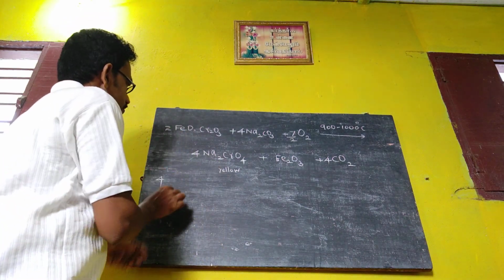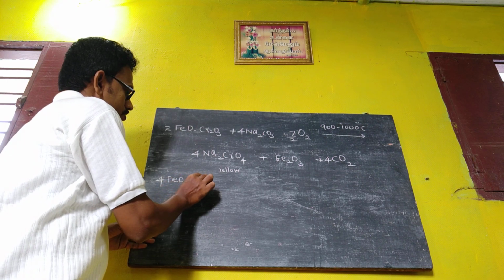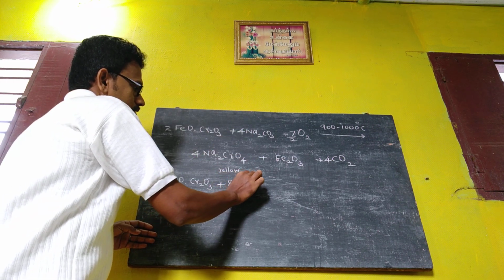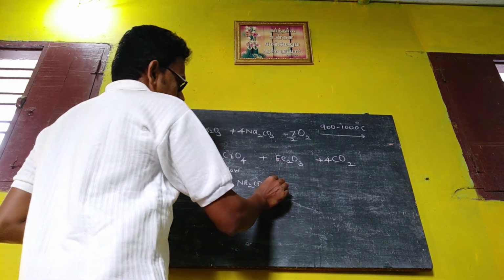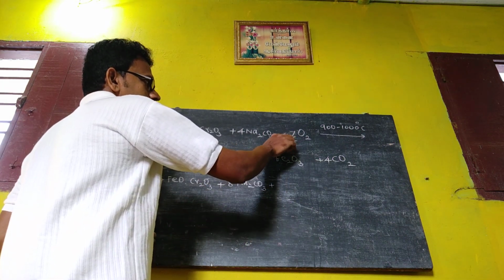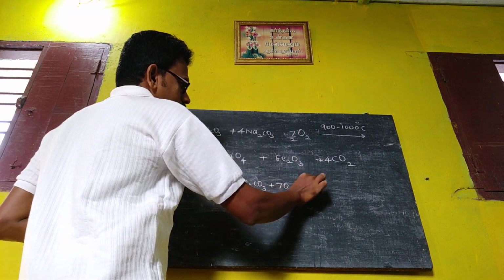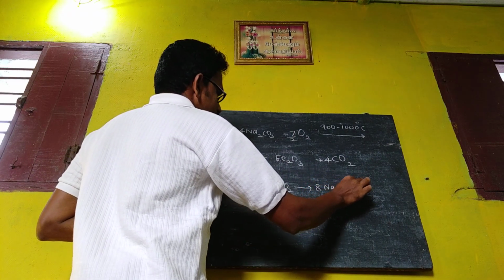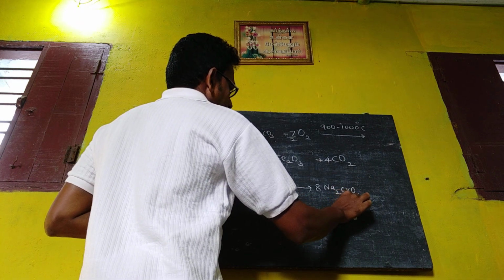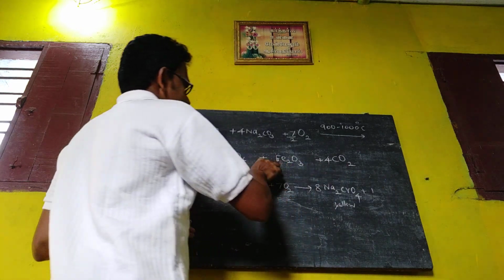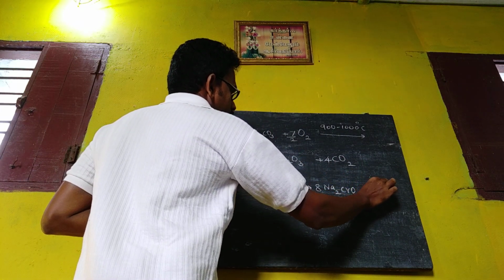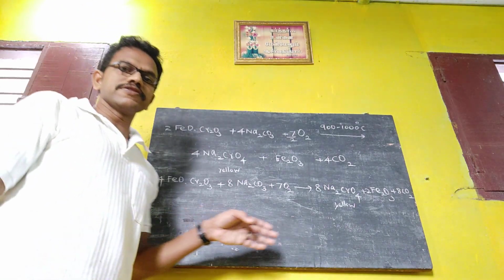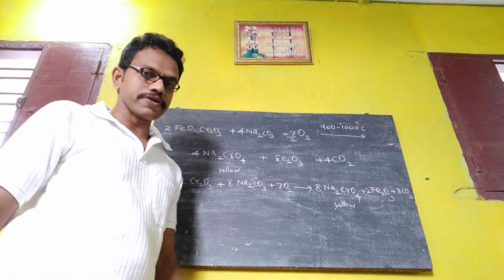So we can get 4 FeO Cr2O3 plus, when it's multiplied with 2, you can get 8 Na2CO3 plus, when it's multiplied with 2, the 2 cancels, so 7O2, then we can get 8 Na2CrO4, the color is yellow, then here 2 Fe2O3 plus 8CO2.